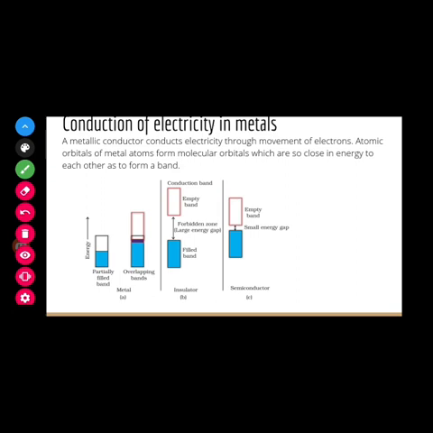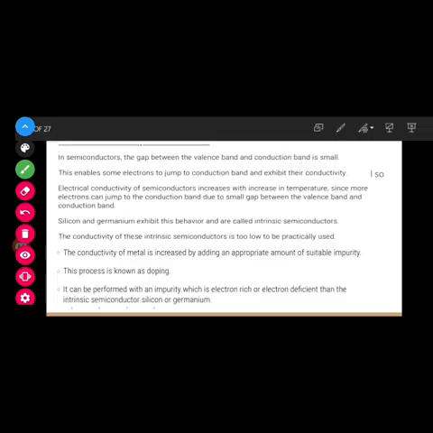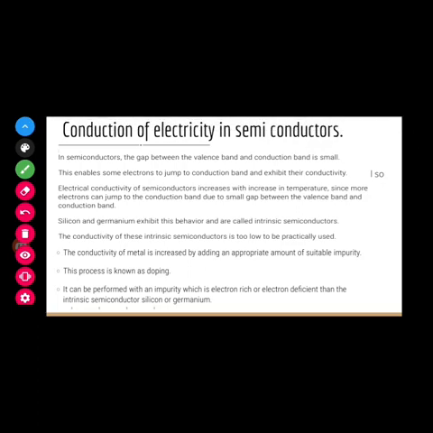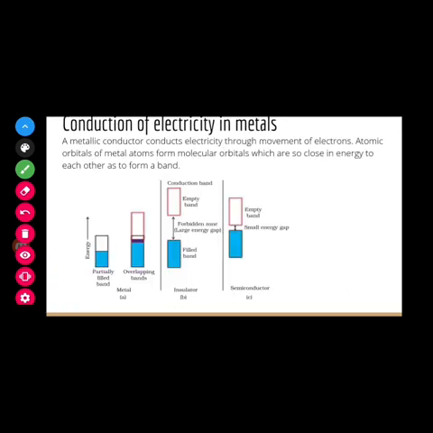For that you need to know what is conduction band and valence band. A valence band is nothing but the band in which you have your valence electrons. It's the outermost shell, right, in which you have your electrons.